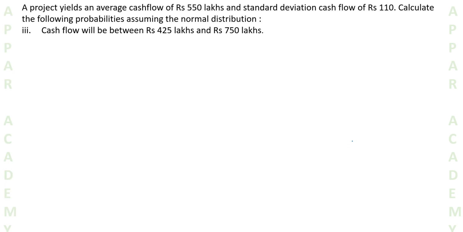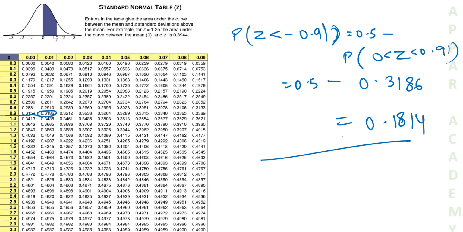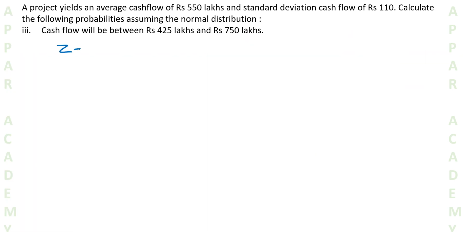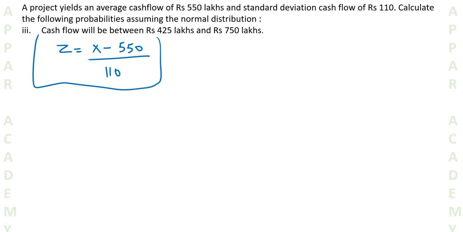Okay. Third part. Again, we'll simply write that Z is equal to x minus 550, that is the mean, upon the standard deviation 110. Now the question says, what is the probability that the cash flow will be between 425 and 750 lakhs? We need to find this. Now for both the x's, we need to find the corresponding z values, yes or no?